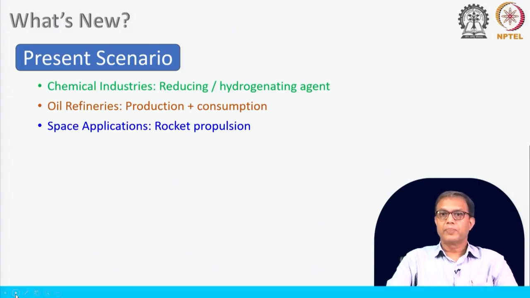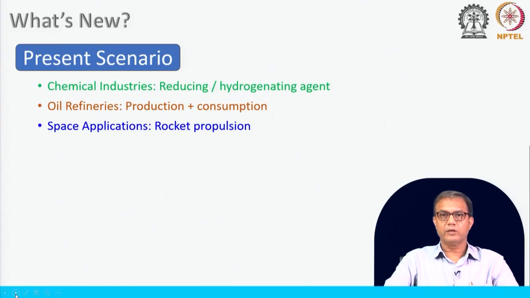For example, to reduce or hydrogenate fatty acids, sometimes edible or inedible, depending on that this will produce either soap or mayonnaise. In oil refineries it is both produced and consumed, and for space application we know that hydrogen is used as fuel.